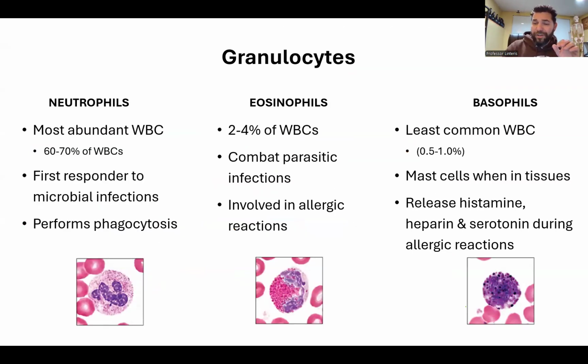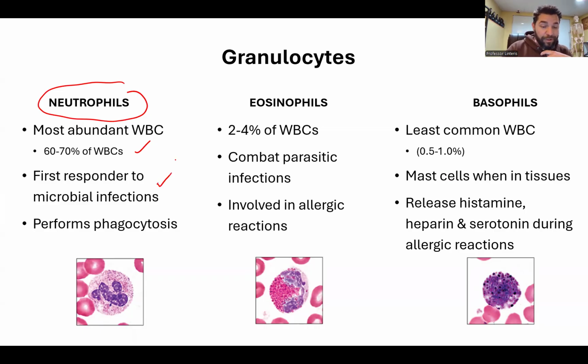So just to give a general summary of what these granulocytes do, obviously in the immune system, we're going to talk about this in a little bit of detail, but just kind of introduce it. Neutrophils are the most abundant. That is important, right? At least 60% of your white blood cells are neutrophils.